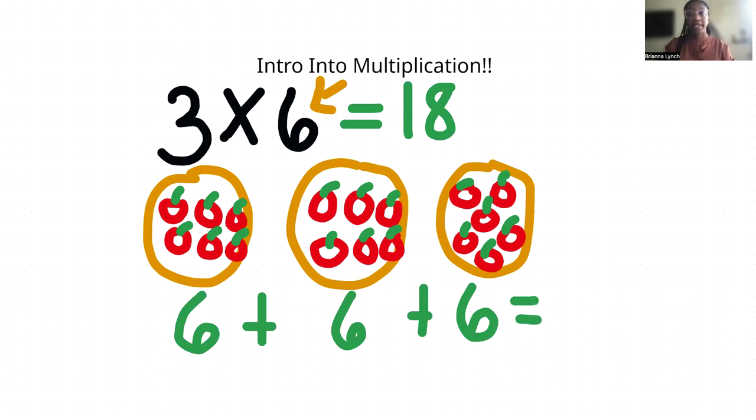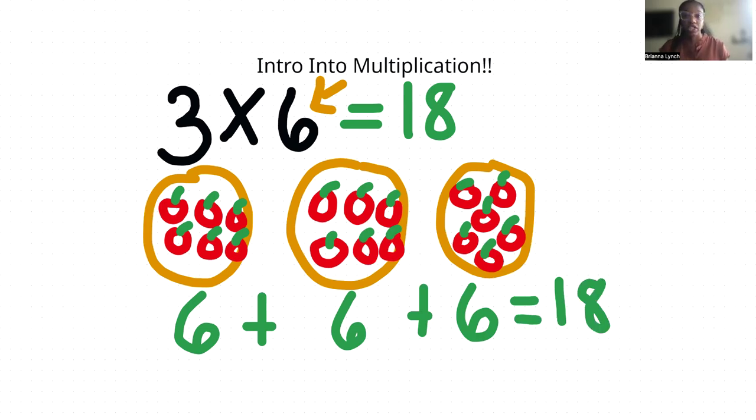So we know automatically that's 12 plus 6 more would be 18. Or if you still need to use your fingers, which is fine, we can go count up from 6, 7, 8, 9, 10, 11, 12. And then we can count up, keep going. 13, 14, 15, 16, 17, 18. So either way, that's how I can figure out that 3 times 6 equals 18.